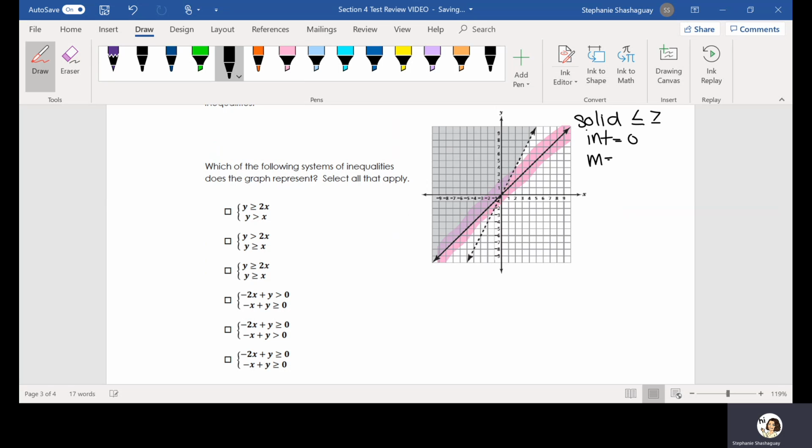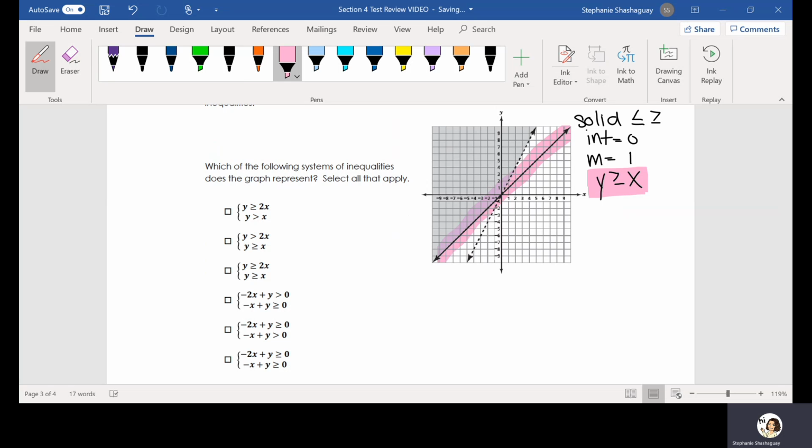And the slope, my m, is equal to 1. So the equation for this line would be y is greater than or equal to x without a constant because the y-intercept was 0 and the slope was just 1.